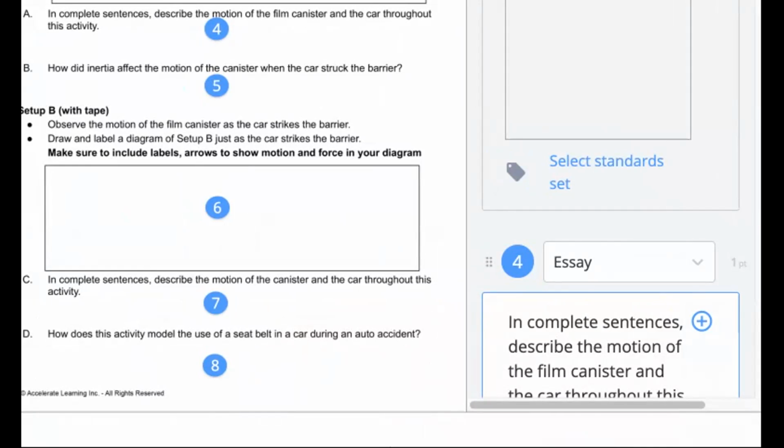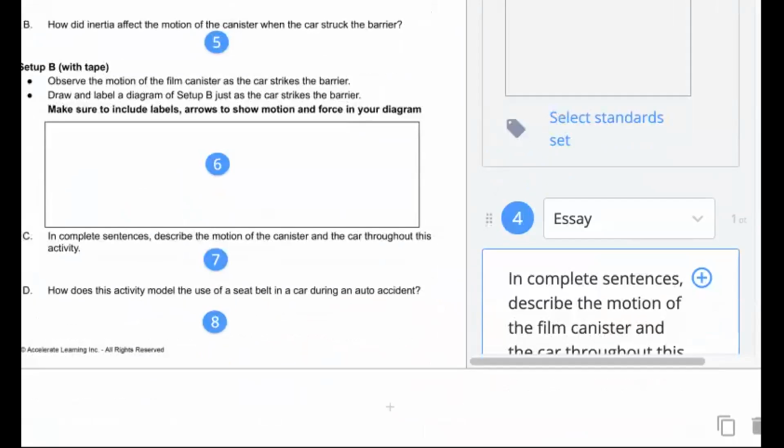All right, now I'm back on this computer. So number 6, go ahead and draw. Again, include labels and arrows to show motion and force for this one here.